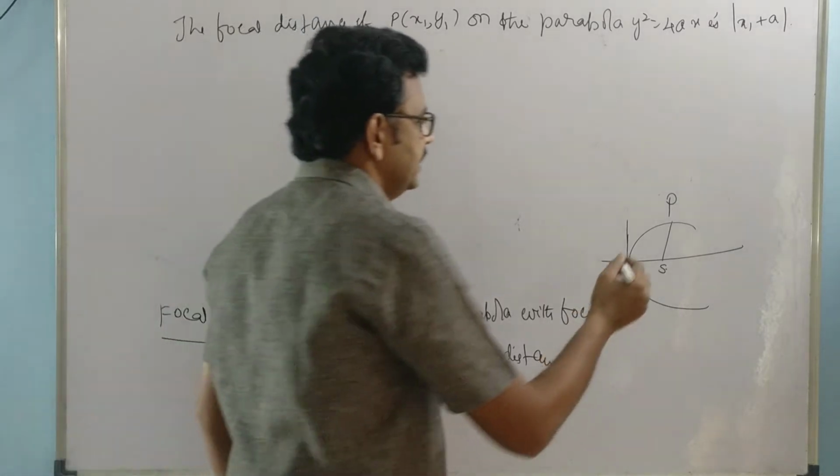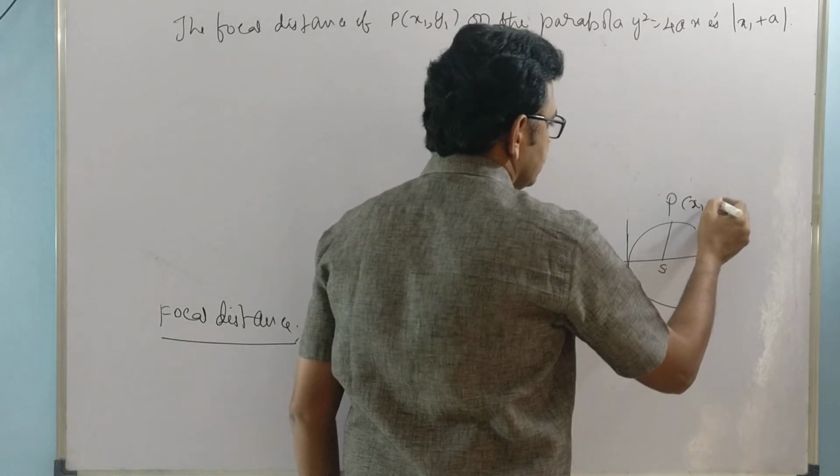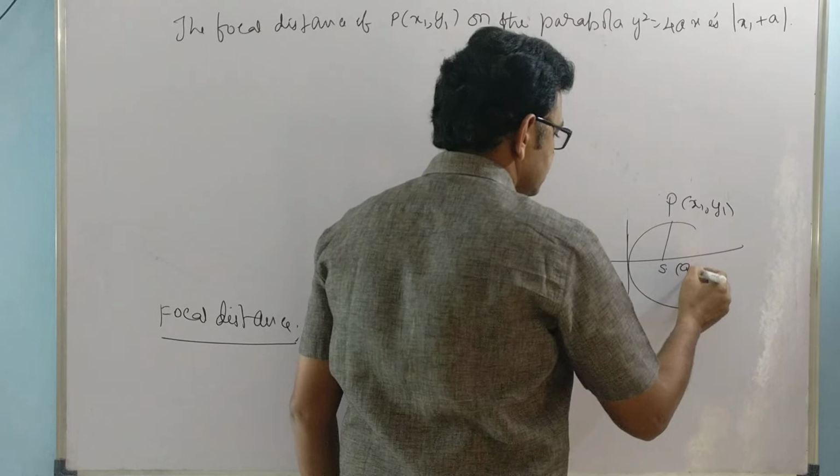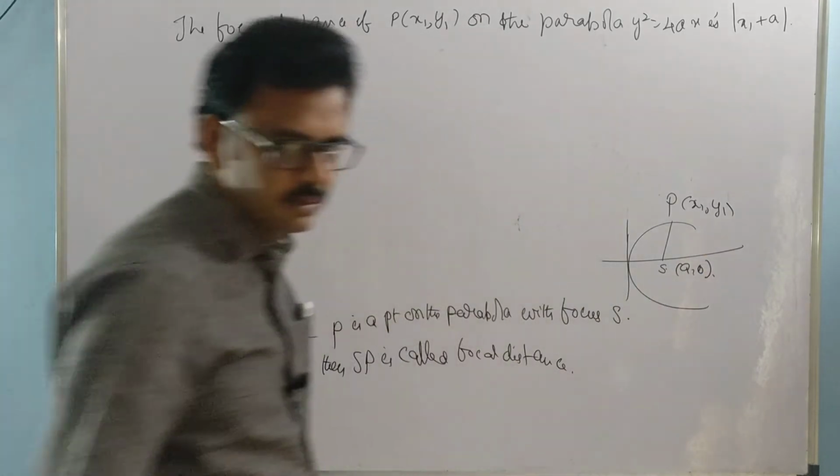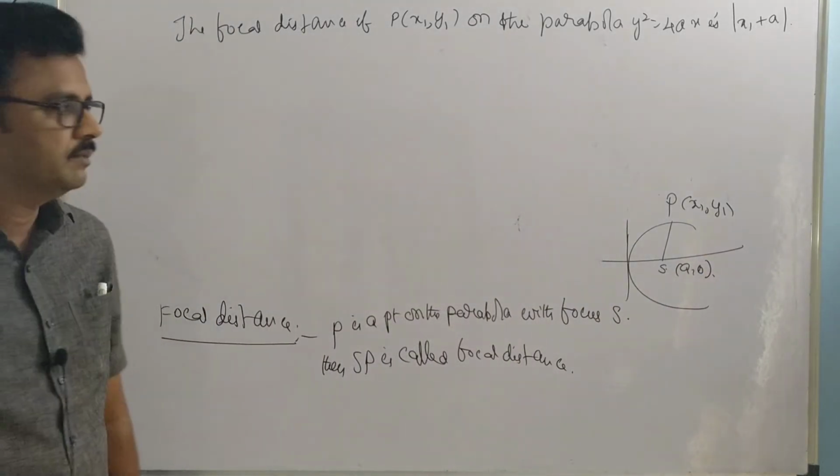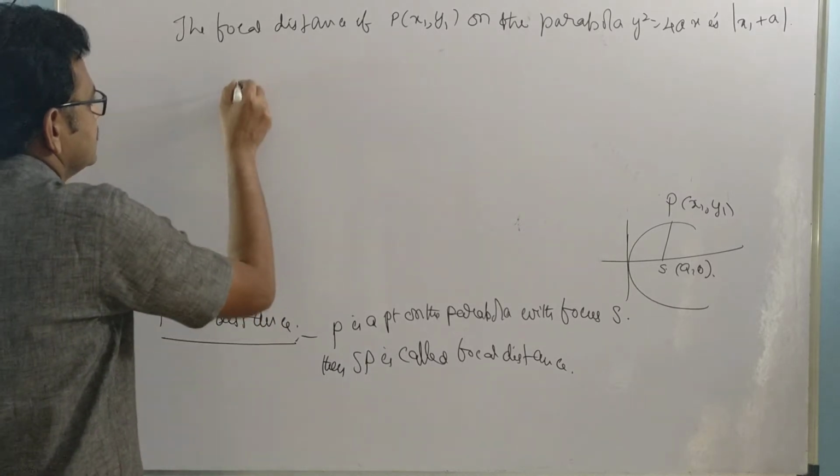See, the point is P(x1, y1) and the focus is a comma 0. Now what does focal distance mean?